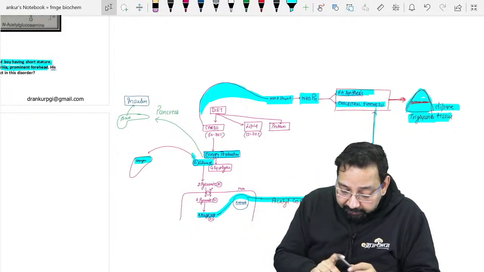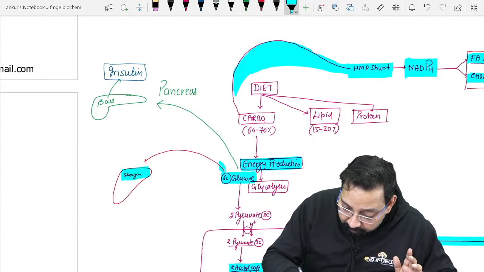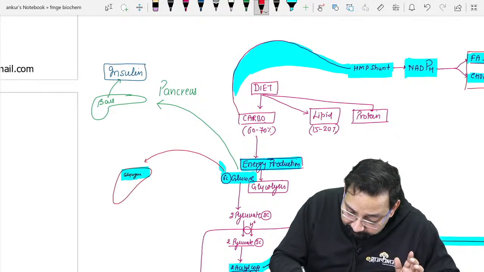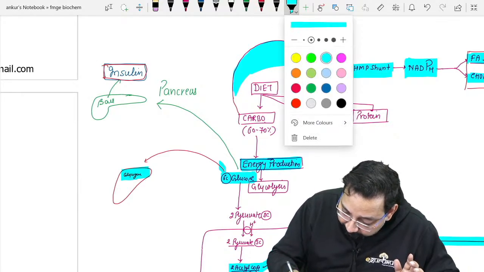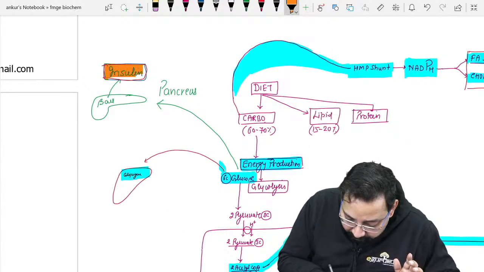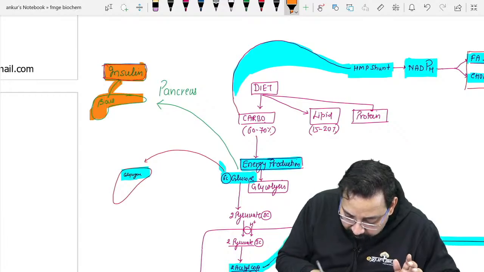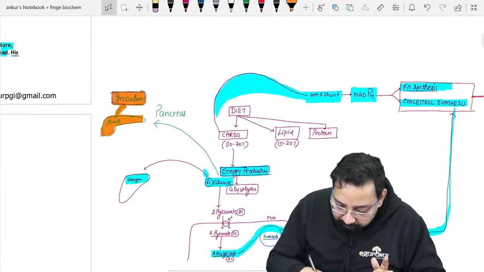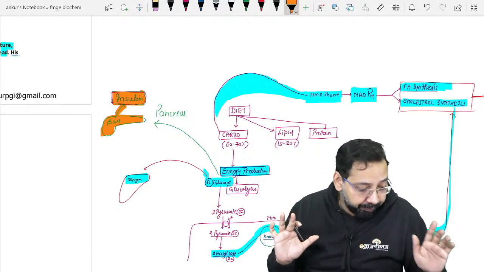So nature has planned that whenever blood glucose increases, it goes to the pancreas and releases insulin, and this insulin, let me take this red color, will activate all these pathways which I have done till now.